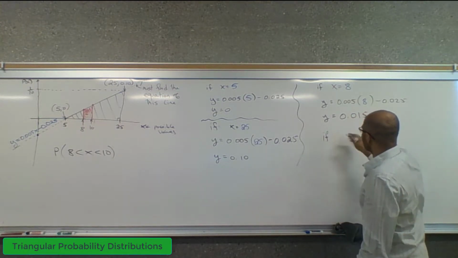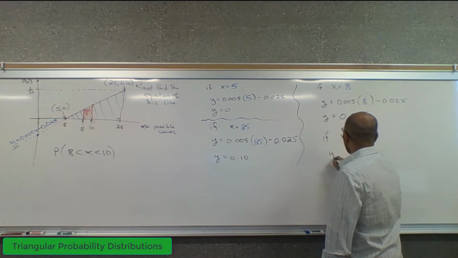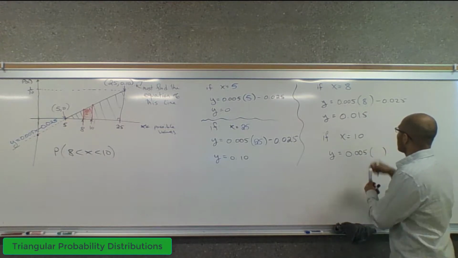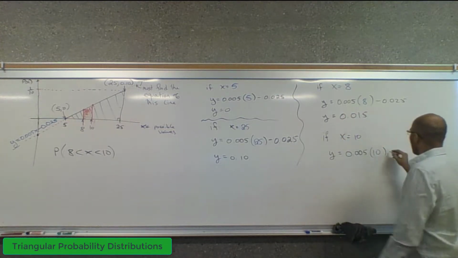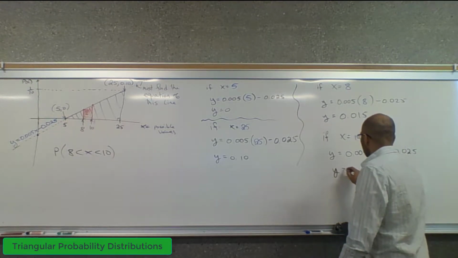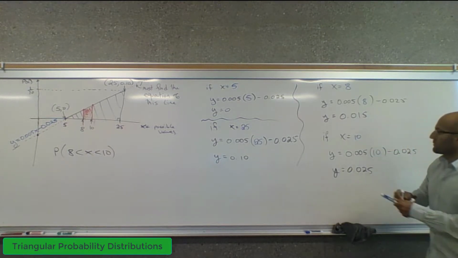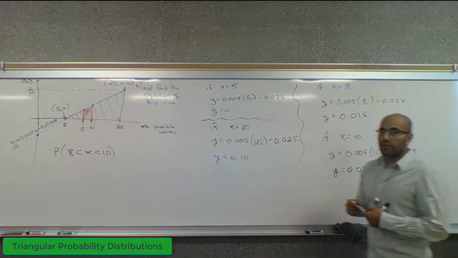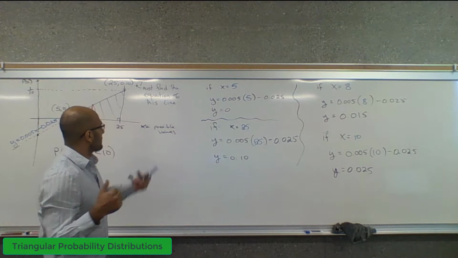If x equals 10, then y is equal to 0.005 times 10 minus 0.025, and this should be 0.025. Good? Any questions? Is that working out?